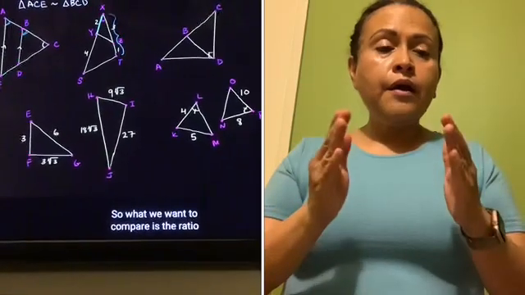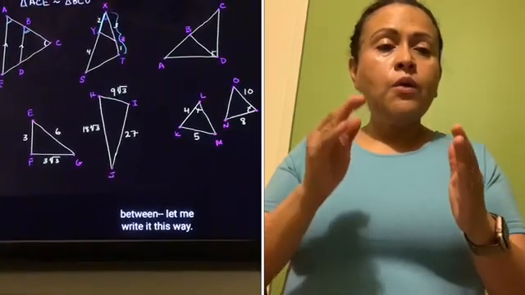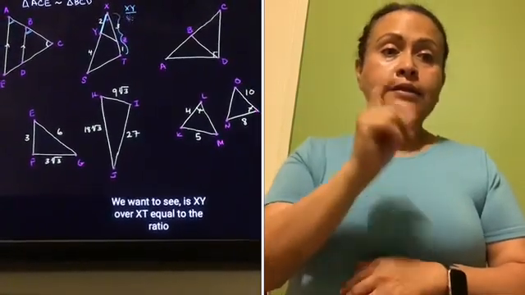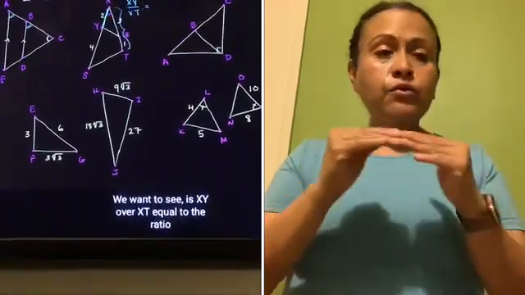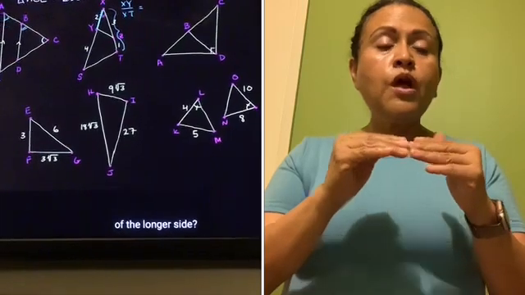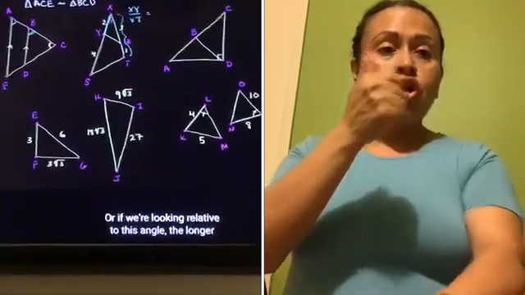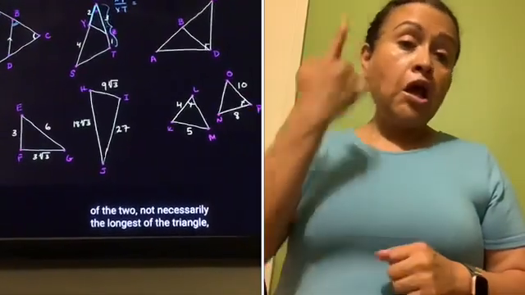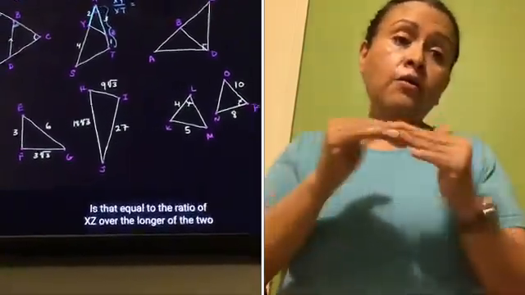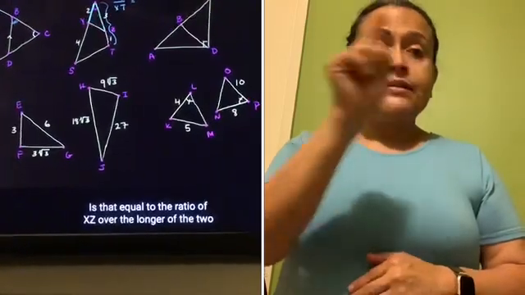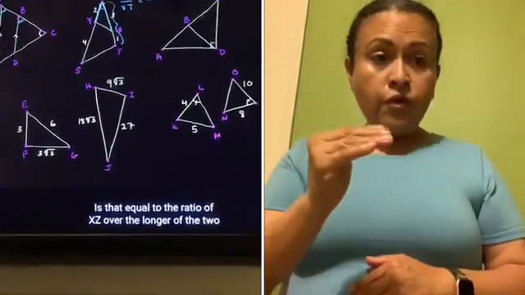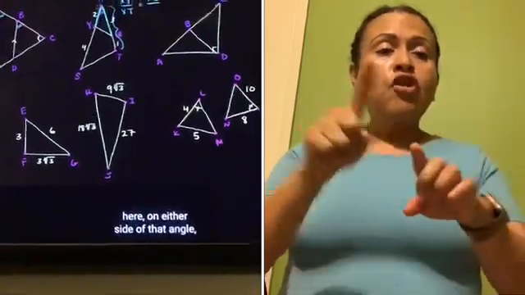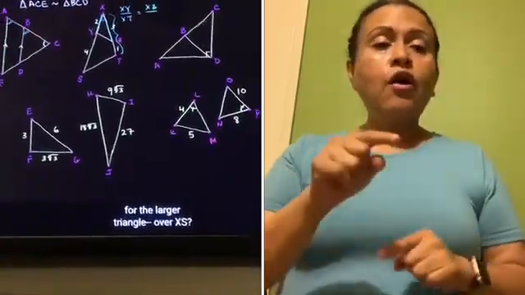So what we want to compare is the ratio, let me write it this way, we want to see is XY over XT equal to the ratio of the longer side, relative to this angle, the longer of the two, not necessarily the longest of the triangle, although it looks like that as well, is that equal to the ratio of XZ over the longer of the two sides on either side of that angle for the larger triangle, over XS.